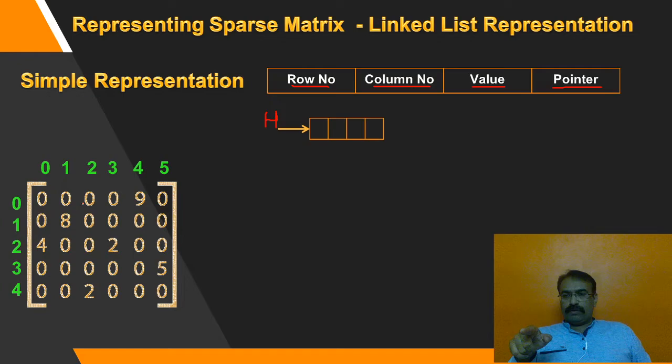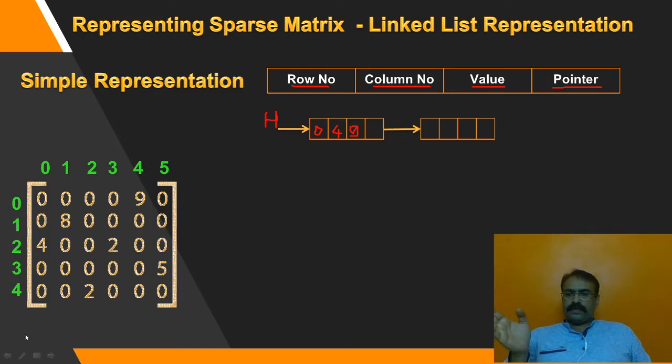Now just find the first non-zero element, that is the 0th row, 4th column, value is 9, and this is my first element represented. Go on adding elements. There are 6 elements, so there will be 6 nodes.